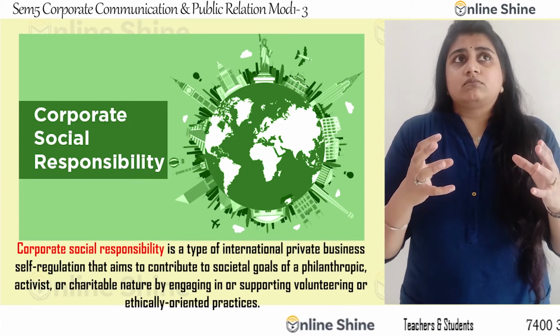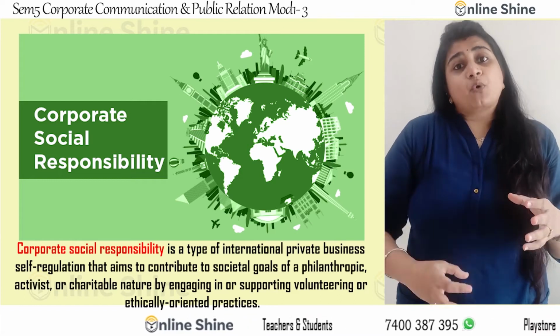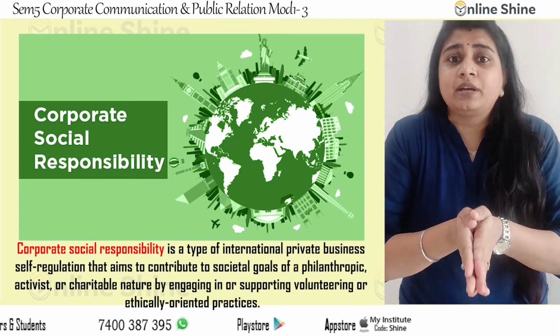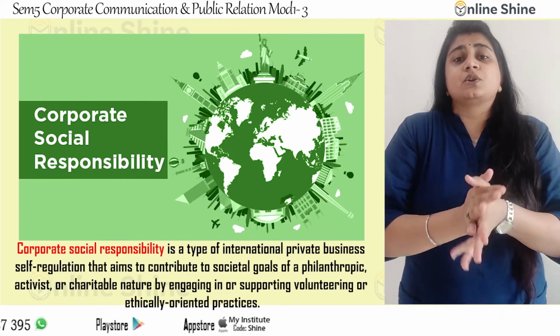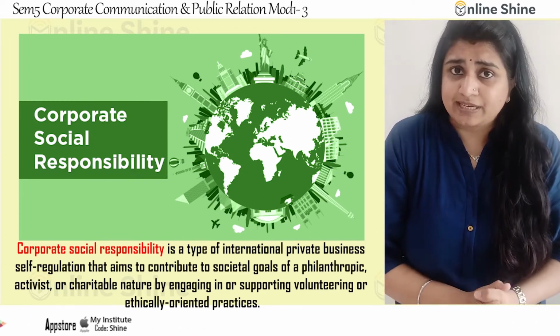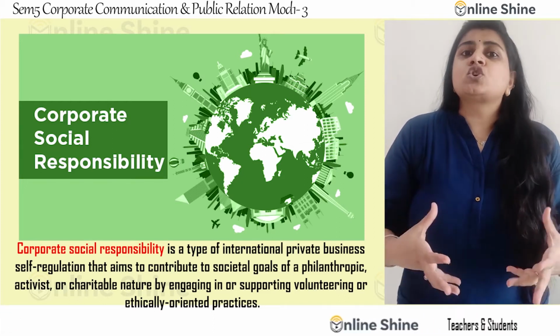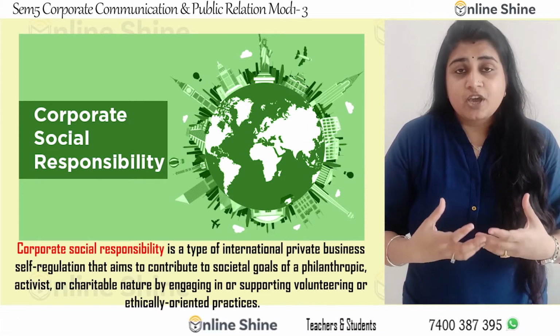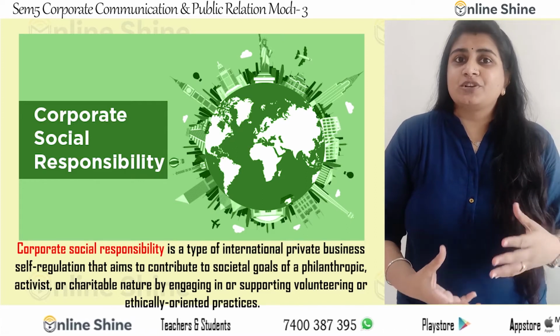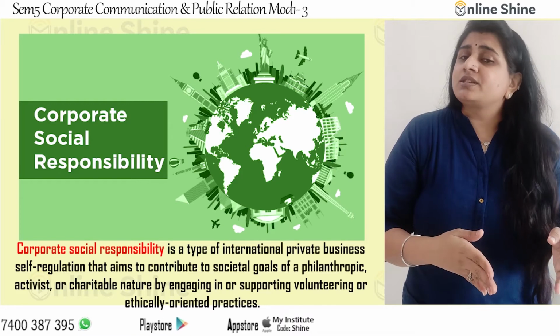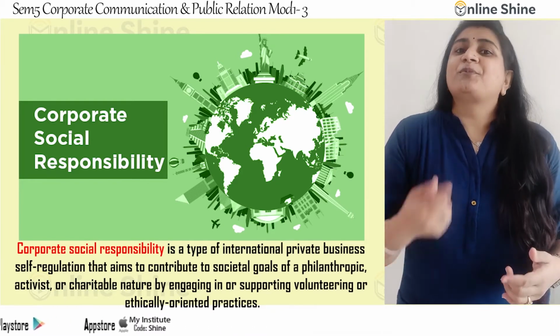Okay? So doing something good for your surroundings and environment is part and parcel of your corporate social responsibility. Ideally, it's taken to be a very ethical parameter. Most organizations involve themselves with the whole concept of corporate social responsibility. So that is understanding what business ethics is, and the approaches it follows.